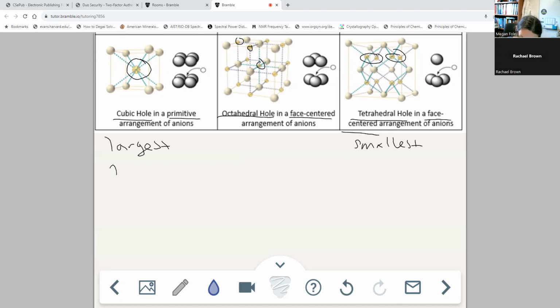There is one cubic hole per unit cell. There are 4 octahedral holes.